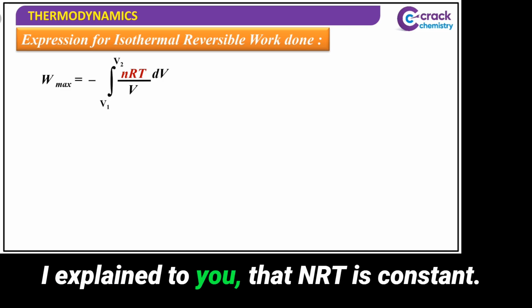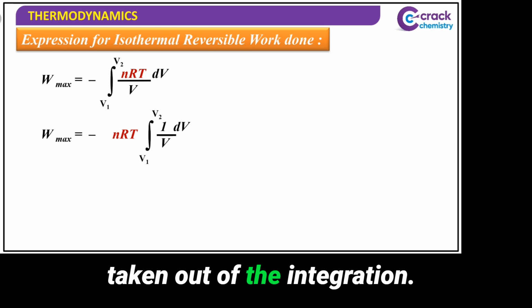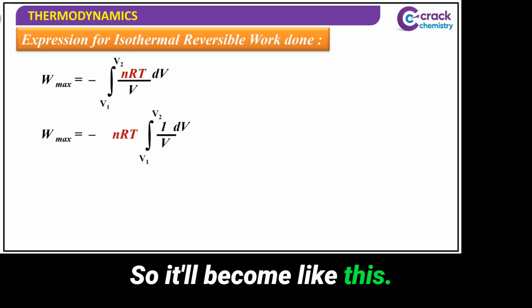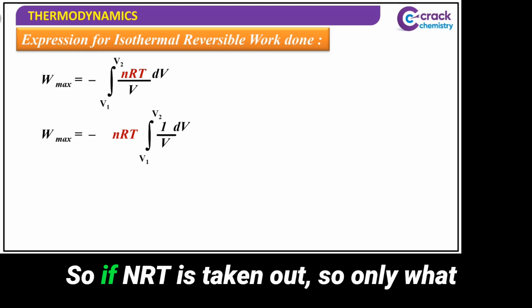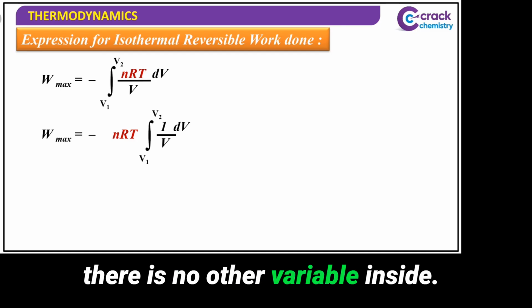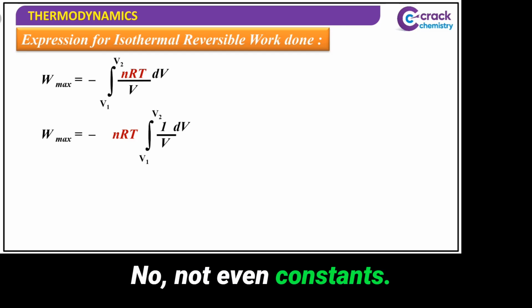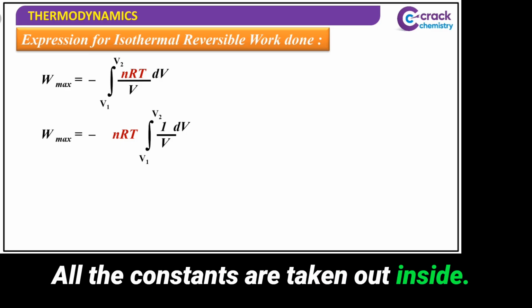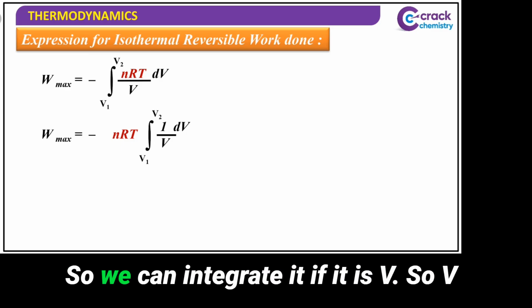As I explained, nRT is constant, so it can of course be taken out of the integration. All the constants are taken out, and inside there is nothing other than V. So we can integrate it.